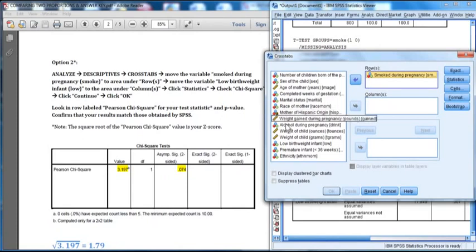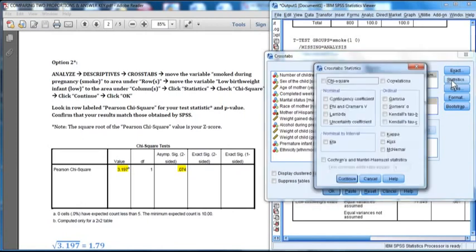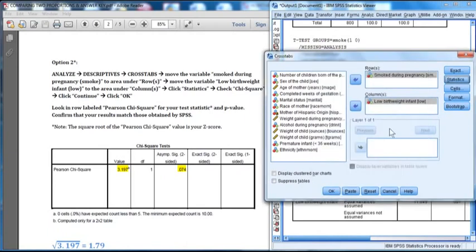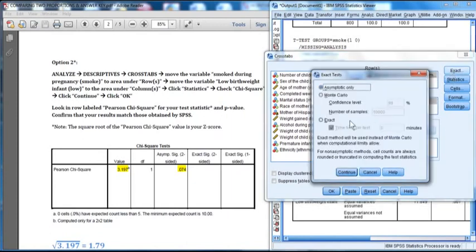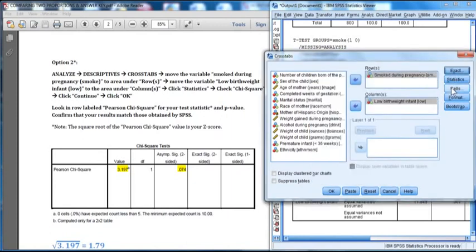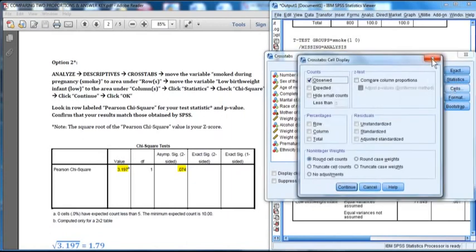In the columns, we're going to move our low birth rate variable here, and when we click on Statistics, we're going to check chi-square, and we're going to click Continue. Now, we're not going to do exact or anything like that. We're not going to choose any other cell displays or anything like that.